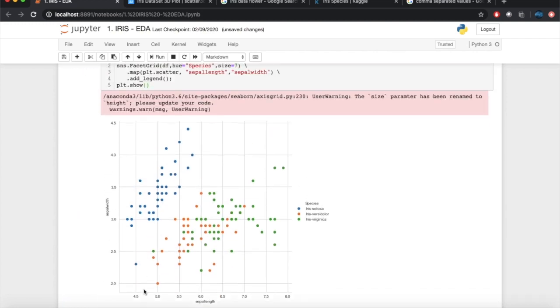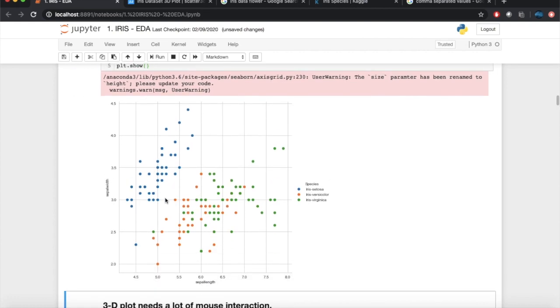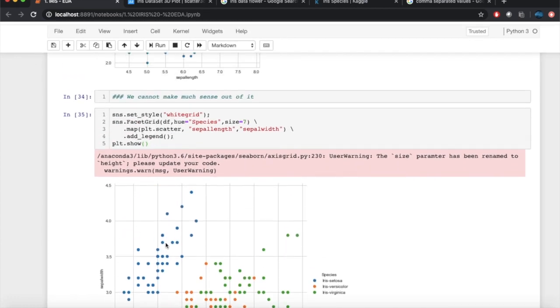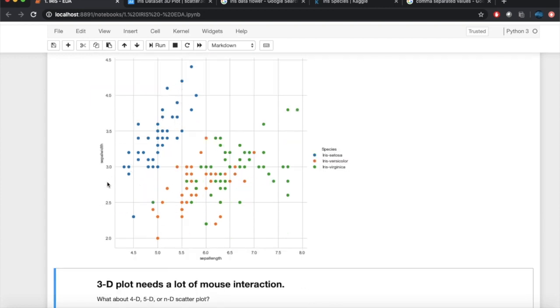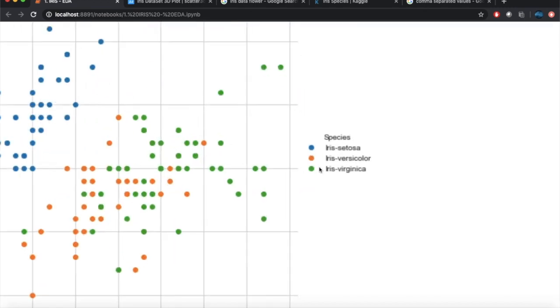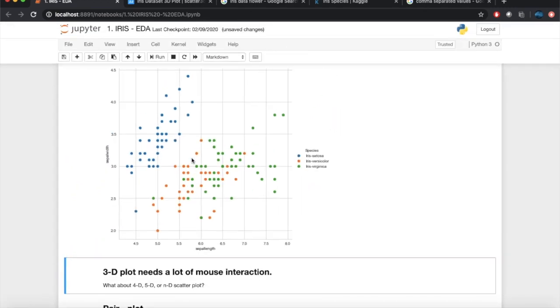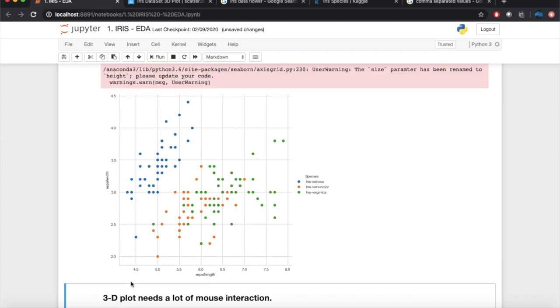Yeah. See, now you see that with the use of seaborn, we have a colorful scatter plot. Here this is setosa, the orange color is versicolor and the green color is virginica. So let's say if the sepal length is less than 4.5 or 4.7 and the sepal width is 3 to 3.5, our flower is setosa.